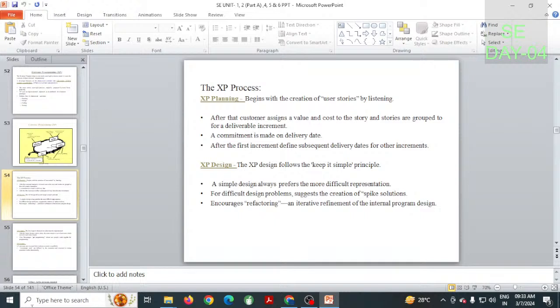Here a simple design is always preferred over a more difficult representation. For difficult design problems, it suggests the creation of spike solutions, and this framework activity encourages refactoring, meaning the iterative refinement of the internal program design.